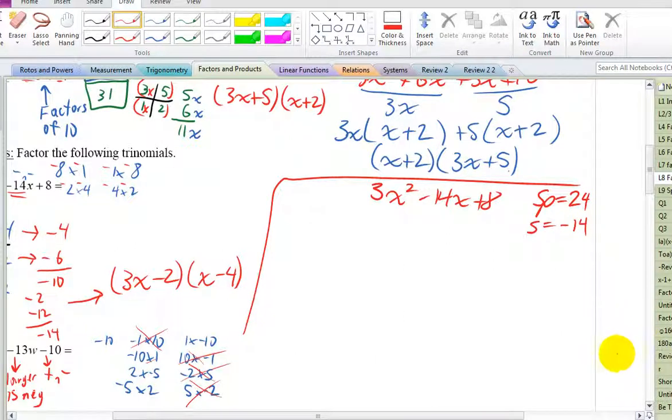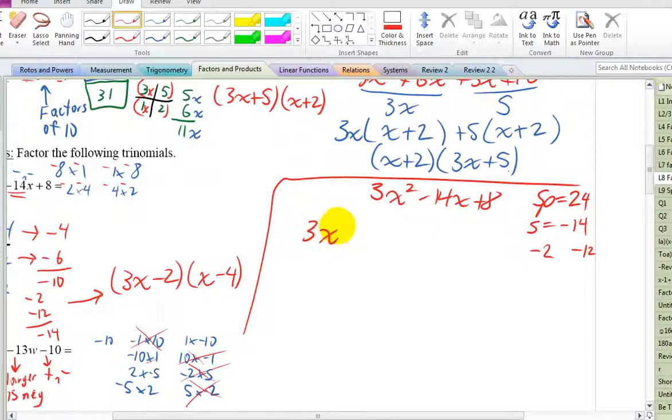Oh, what does that tell us about our numbers? They're both negatives. So what multiplies to 24 and then combines to negative 14? Not 3 and 8, not 4 and 6, not 1 and 24, 2 and 12, and they're both negatives.